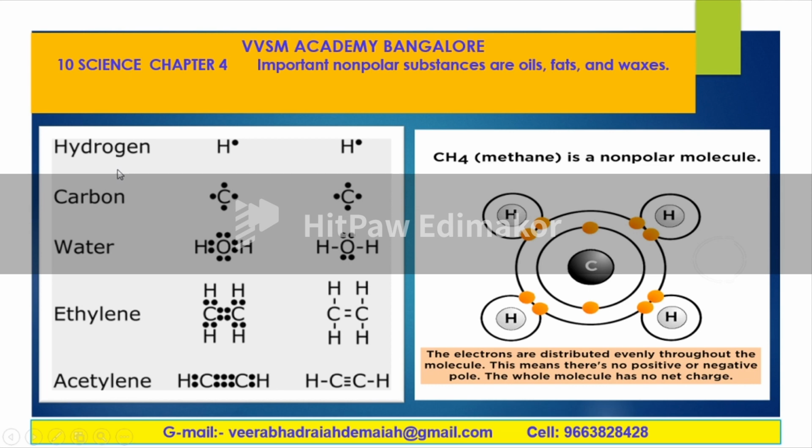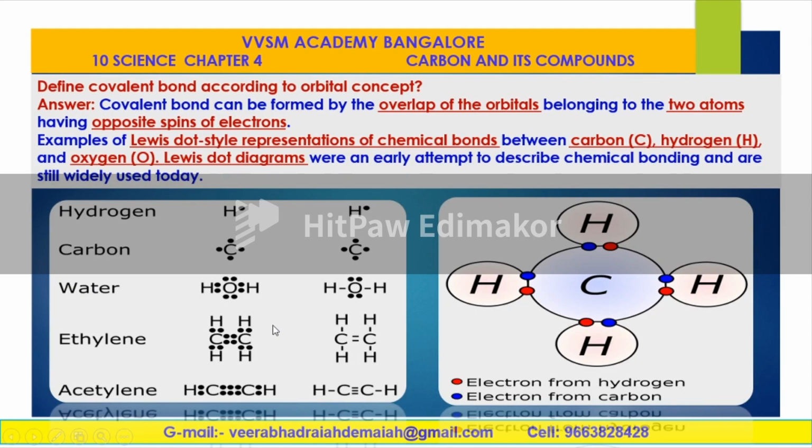Now carbon, water, ethylene and acetylene. Define covalent bond according to the orbital concept. A covalent bond can be formed by the overlap of the orbitals belonging to the two atoms having opposite spins of electrons. So these are the opposite spins, an electron from hydrogen and an electron from carbon.